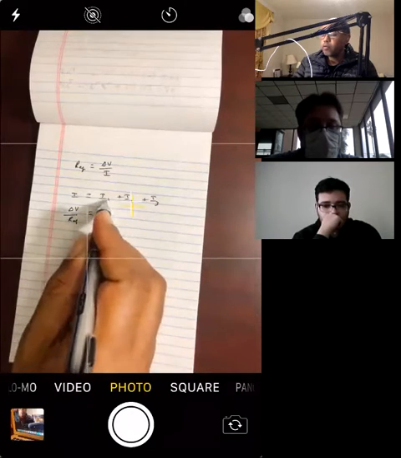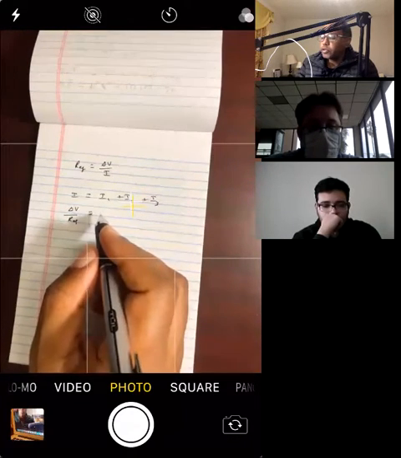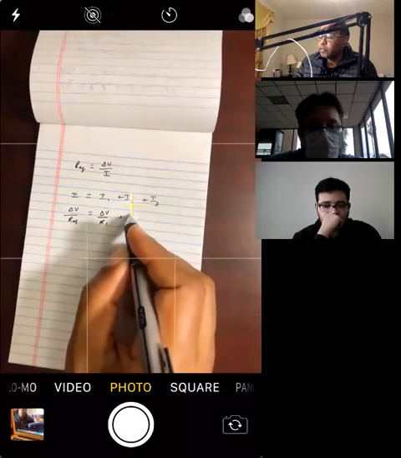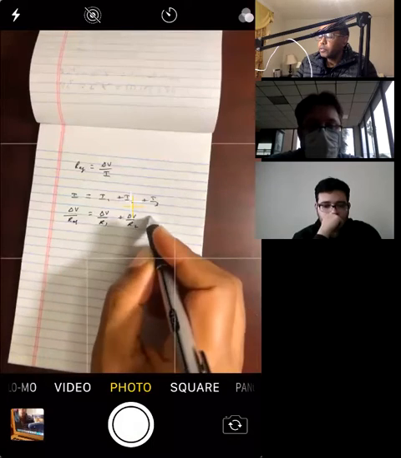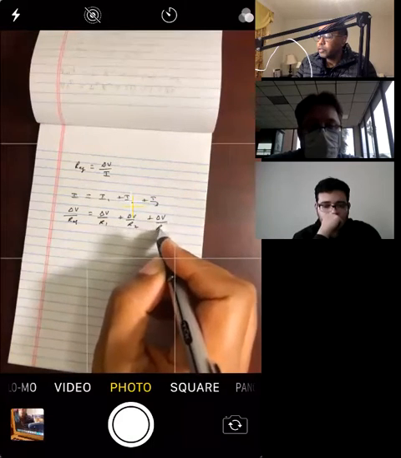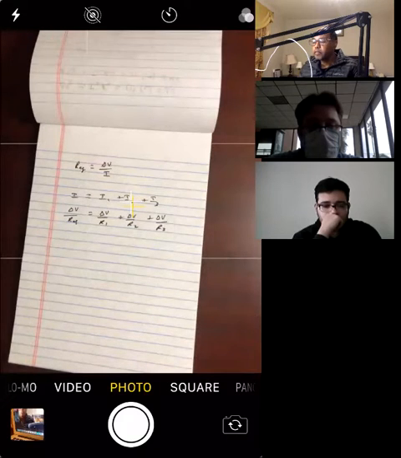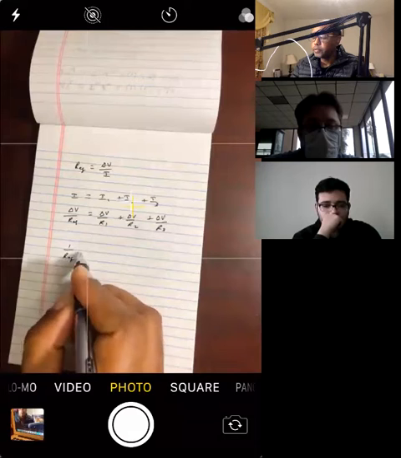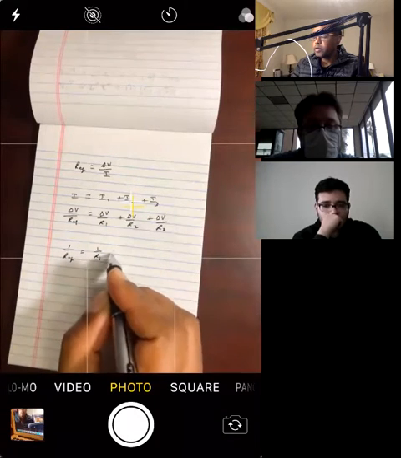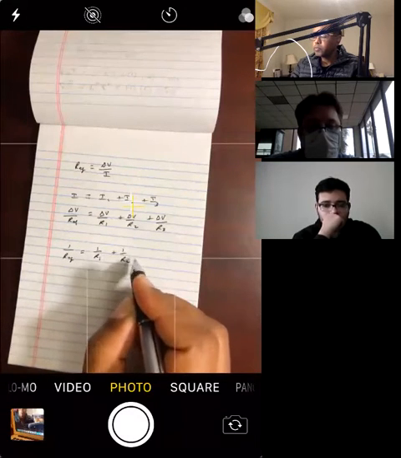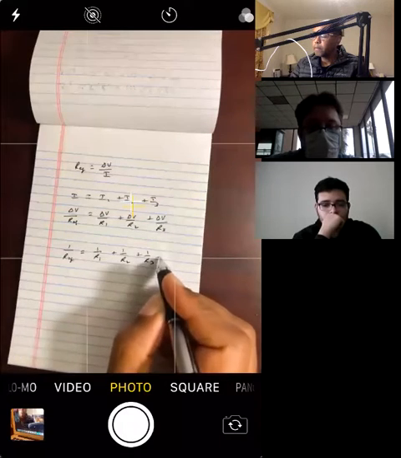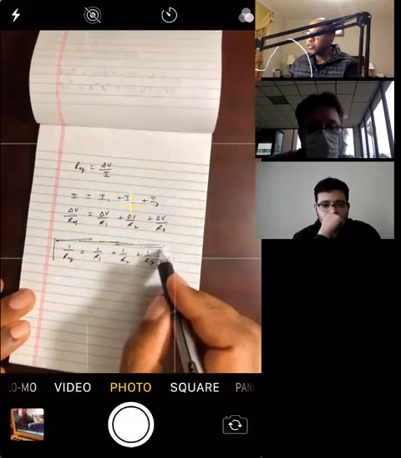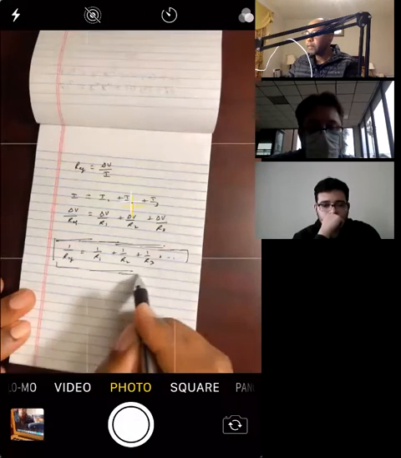This I1, remember the potential differences are equal, so this is delta V divided by R1. This is delta V divided by R2. This is delta V divided by R3. So delta V cancels out, and you get the following formula for the equivalent resistance: 1 over R equivalent is 1 over R1 plus 1 over R2 plus 1 over R3, and so on. That's how you calculate the equivalent resistance of resistors connected in parallel.